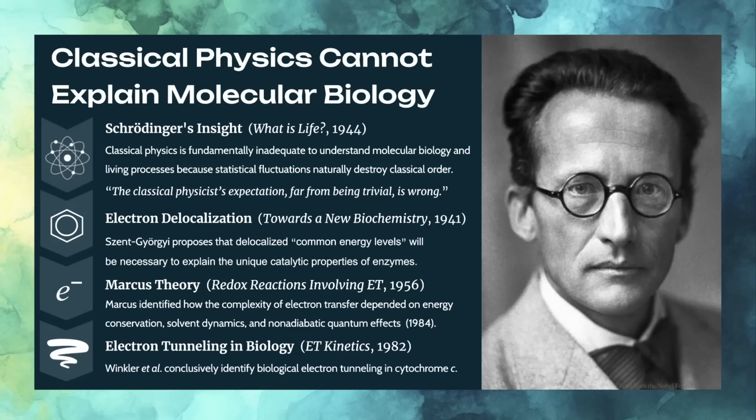Now, beginning from first principles, Schrödinger, for example, in the 1940s, claimed that classical physics would be fundamentally inadequate to understand molecular biology and living processes because once you go down to the microscopic scale, statistical fluctuations naturally destroy classical order.